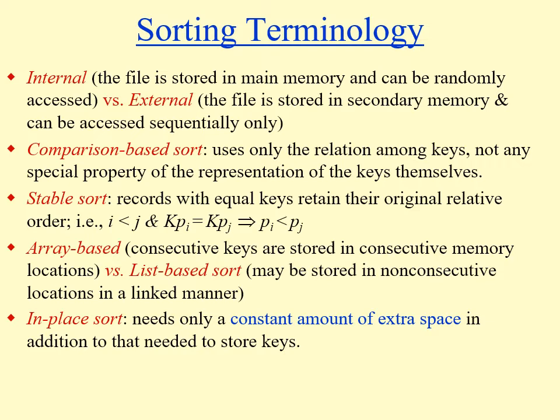So in 1, 2, 3, 3, the first 3 is equal to the second 3, so your sorting algorithm cannot change their order. Or you can change it, but it's meaningless. If it never changes, we say this is a stable sort. That means the sorting is stable: you will not change the relative order of equal keys.